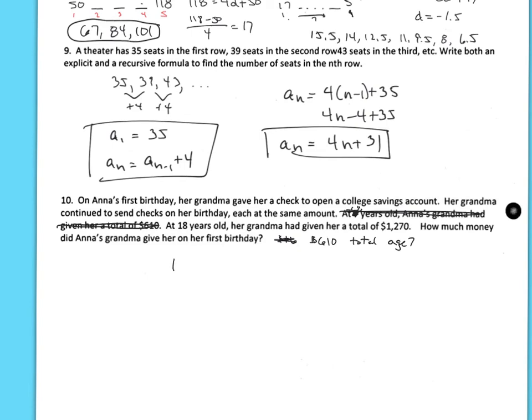So 610, this is a sub 7. Then we have a bunch more. And then over here we got 1270. This is a sub 18. We're looking for a sub 1.